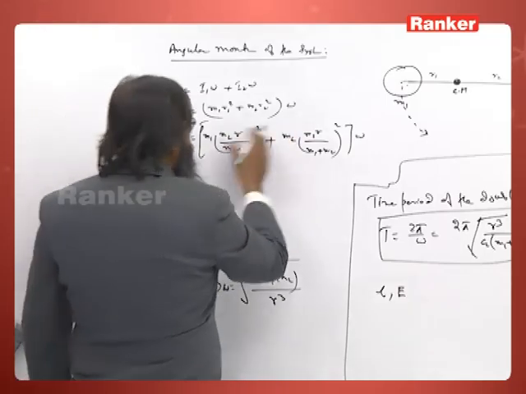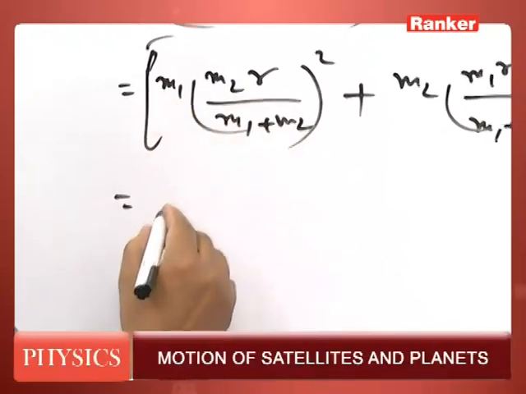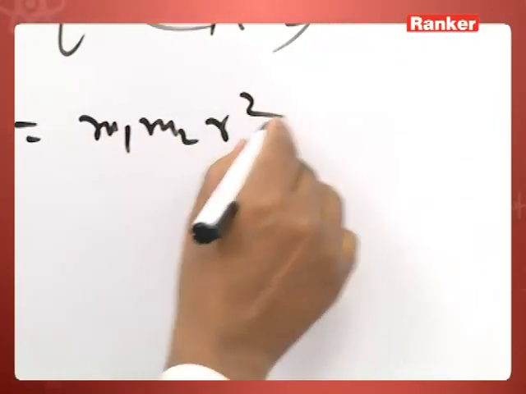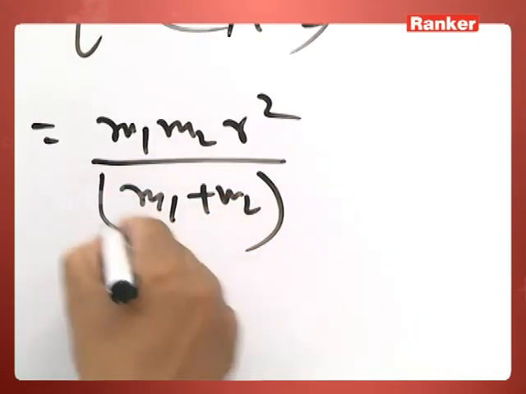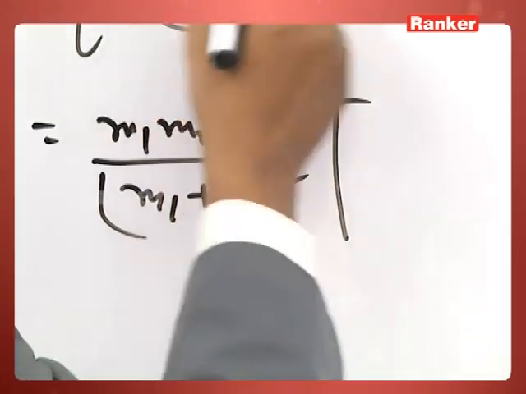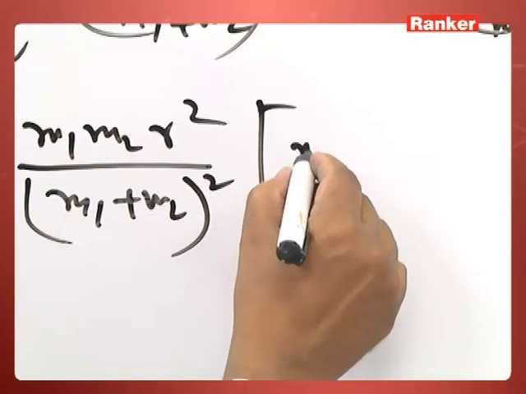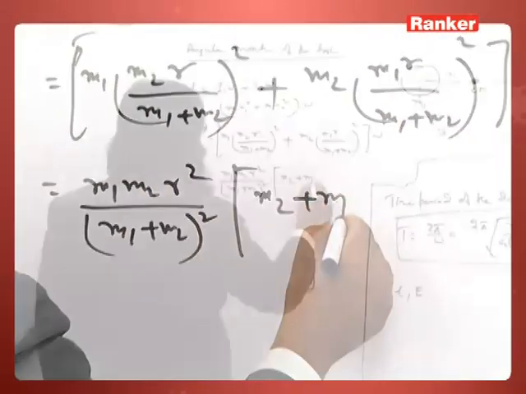We can take something common, that will be m1 m2 r square by m1 plus m2 whole square. From here we will get m2, and from here I will get m1.